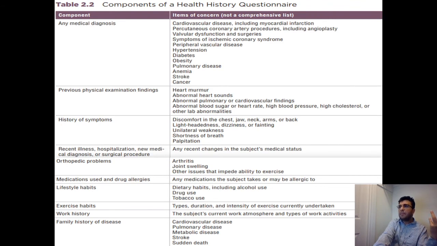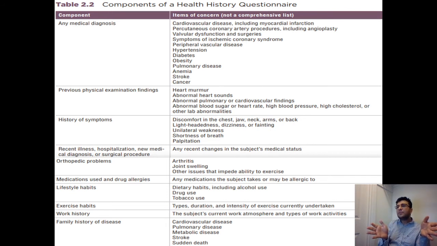Now, this is a really big and exhaustive list. It's given in table 2.2 of your chapter, and you can always go through it. But I want to highlight some of the big things which are written here. As I've talked about in the pre-screening 7 steps, the whole idea of this questionnaire is to try and identify the potential diseases depending upon the past history, depending upon the current signs and symptoms, divided by the different systems, whether it's the cardiovascular system, the respiratory system, the musculoskeletal system.